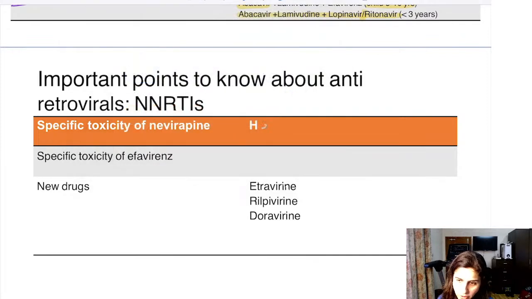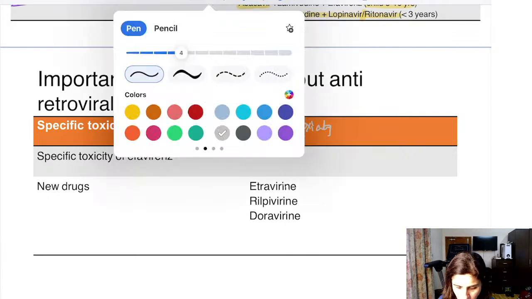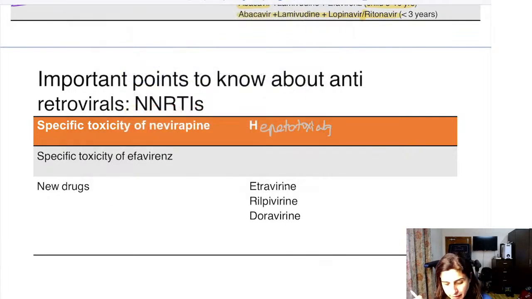Can cause hepatotoxicity. Okay, hepatotoxicity along with the rashes and all, that is also there, but the specific toxicity is the hepatotoxicity. Specific toxicity of efavirenz. Efavirenz is psychosis.